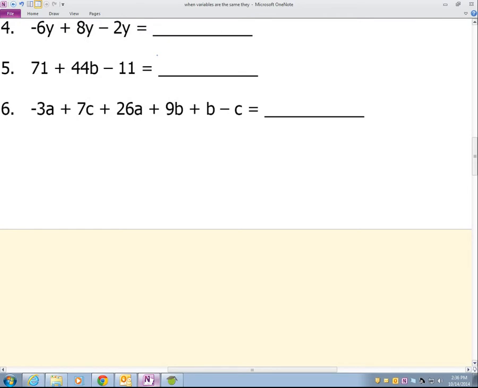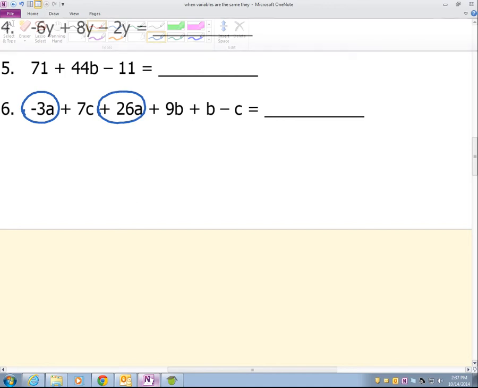First one here, we have negative 3a. Are there any other a's in there? Okay, yes there is. We have a plus 26a. No other a's. Now we have a plus 7c. Here's a minus c.